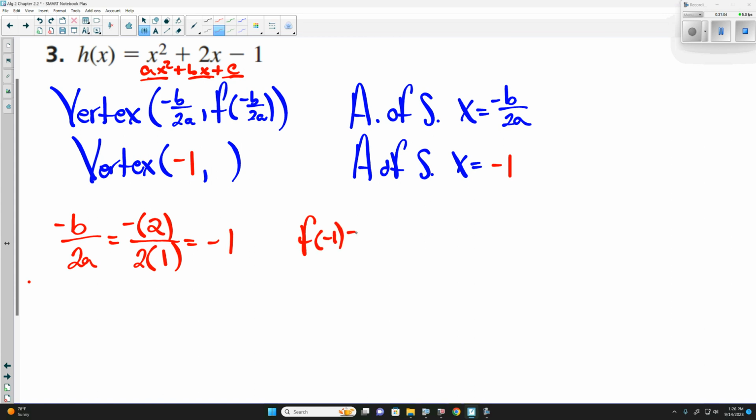Now the other half of this is to find f of -1. F of our negative b over 2a, but we know negative b over 2a is -1. So we'll have -1 squared plus 2 times -1 minus 1.